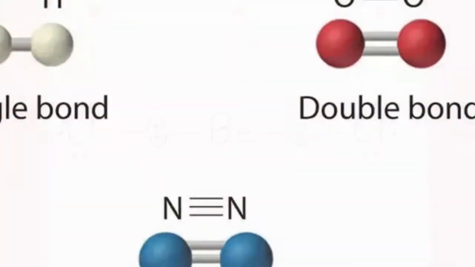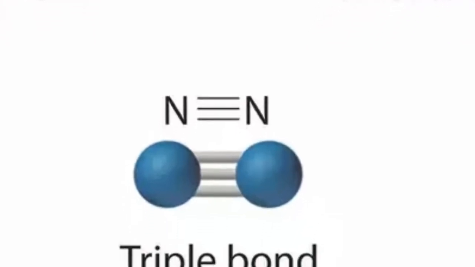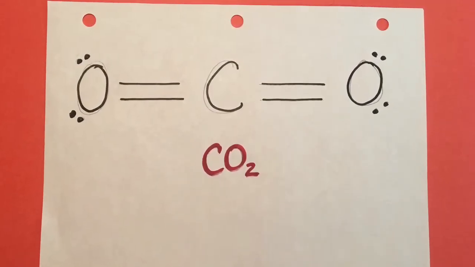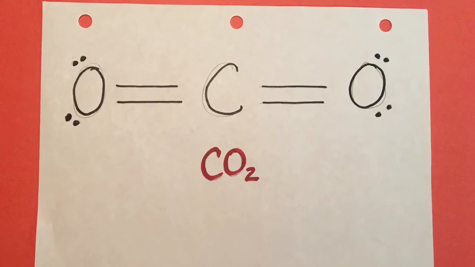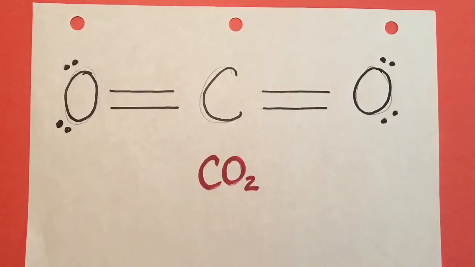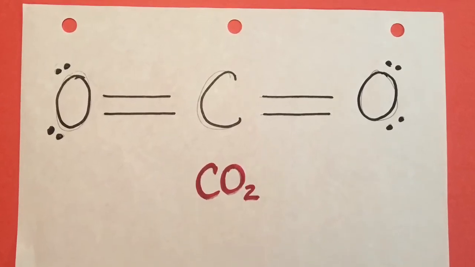Compounds that contain double and triple bonds raise an important point. The geometry around an atom is determined by the number of places in the valence shell of an atom where electrons can be found, not the number of pairs of valence electrons. Consider the Lewis structure of carbon dioxide as an example. There are 4 pairs of bonding electrons on the carbon atom in CO2, but only 2 places where these electrons can be found. They are electrons in the C=O double bond on the left and on the right.